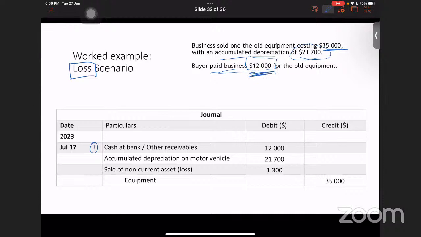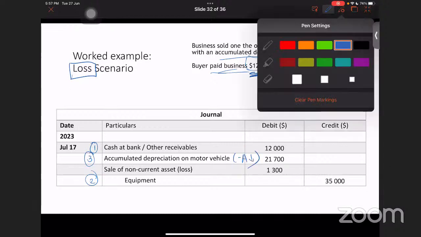Debit cash at bank or receivable. Second step, selling the equipment. So I need to get rid of the equipment. Credit the NCA, credit equipment, because this equipment is gone. And then third step, with the equipment, it also comes with accumulated depreciation. So I have to get rid of the accumulated depreciation as well. So number 3, I need to get rid of the accumulated depreciation. It's a contra asset, so minus, DR.